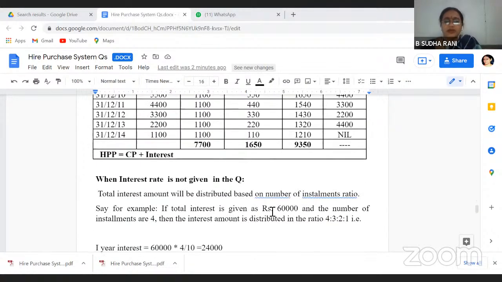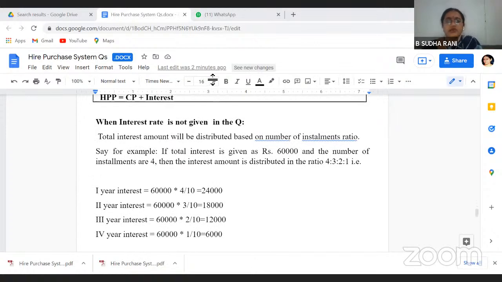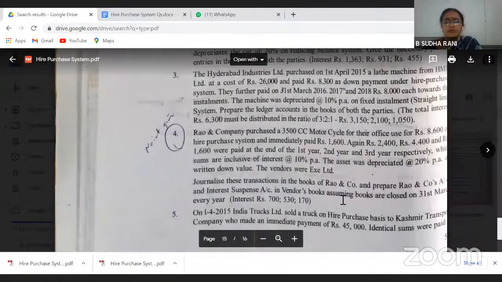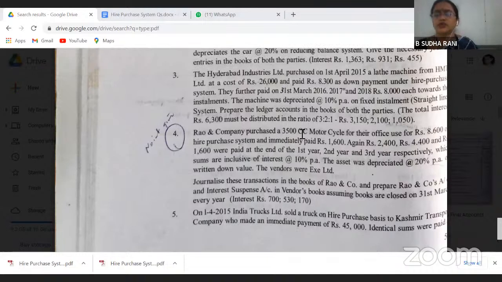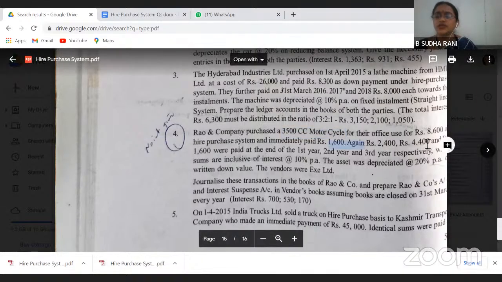Yeah. Let us take this question, when the interest rate is not given. Rao and company purchased a 3,500 cc motorcycle. Don't get confused, I think this is the motorcycle capacity. That is not a value. Forget about it. The office cash price is 8,600.